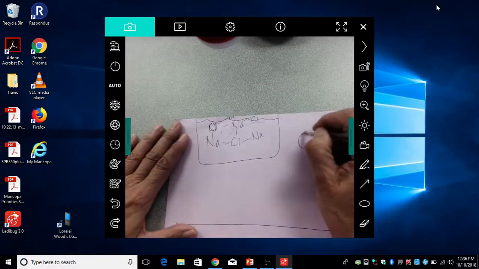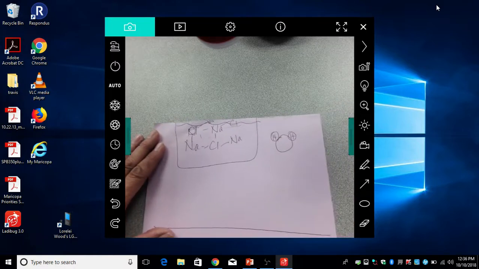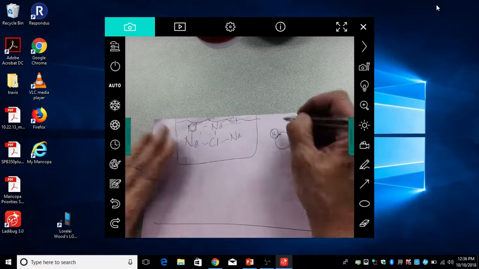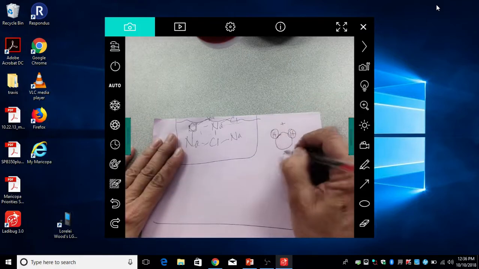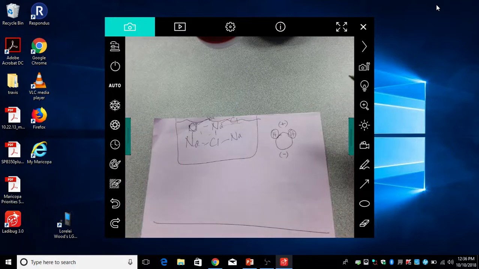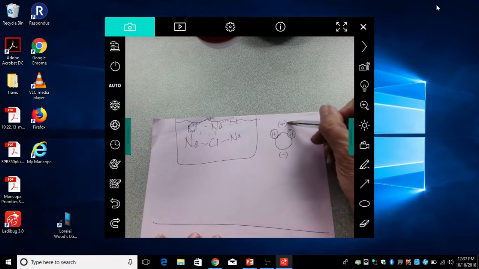Remember, water is polar. Got the Mickey Mouse ears here, hydrogen and hydrogen. Which side of water is the positive side of water? This side is the positive side, this is the negative side. When we say water molecules are very polar, that means that there is an imbalance of the electrical charges. There are more negative charges on this side of the water molecule and more positives on this side.